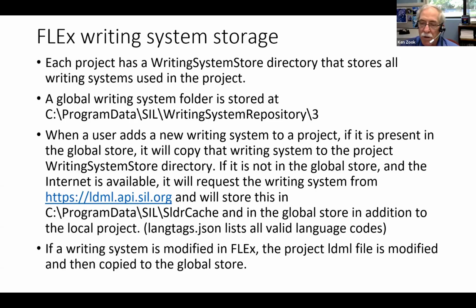If it's not in the global store and the internet is available, we will request that writing system from the API, and we'll store this in C program data SLDR cache and in the global store in addition to the local project. And then if a writing system is modified in Flex, the project LDML file is modified and then copied to the global store.